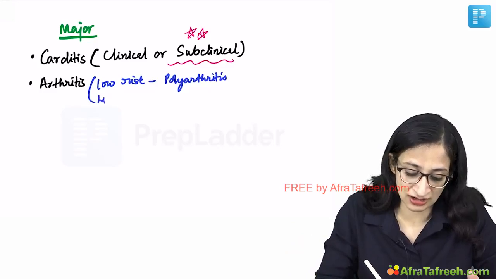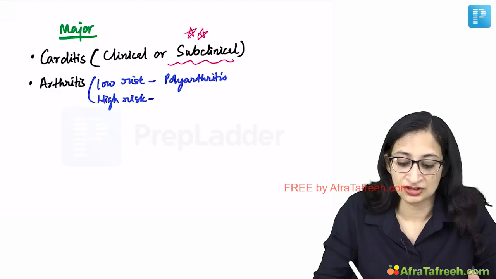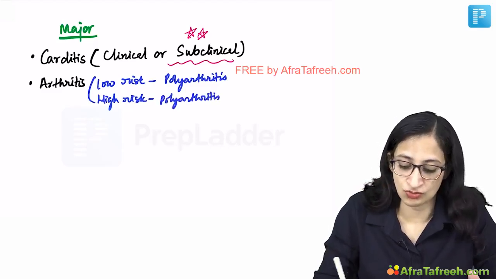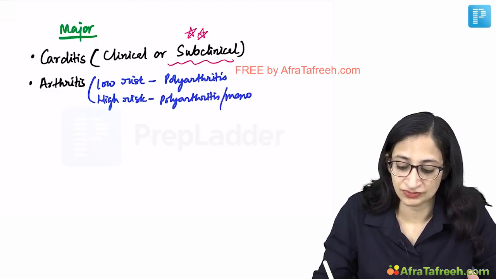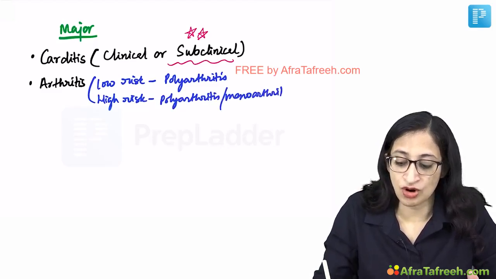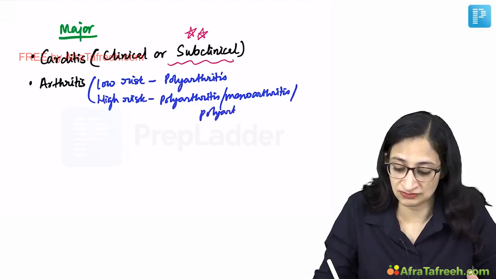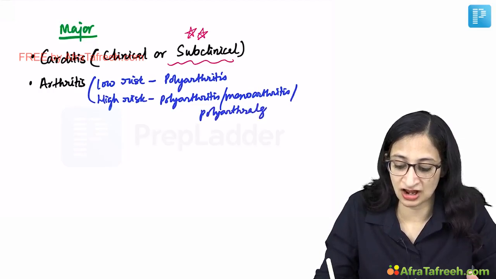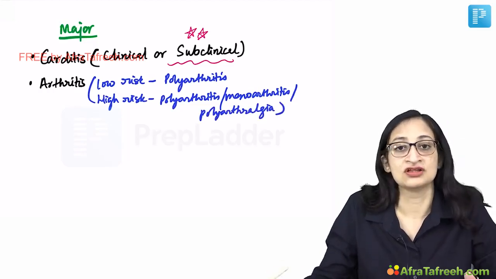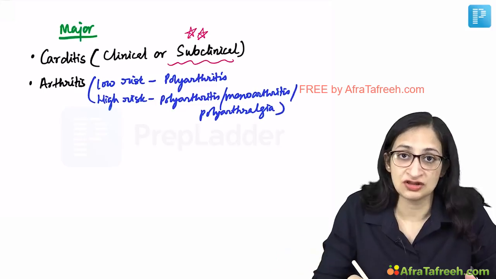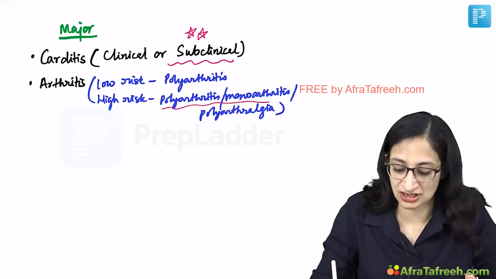But for high risk population, either polyarthritis or monoarthritis or polyarthralgia, any of these if they are present, then we take it as satisfying the arthritis criteria. Okay. So if any of these are present in the moderate to high risk population, we take this criteria of arthritis as positive.